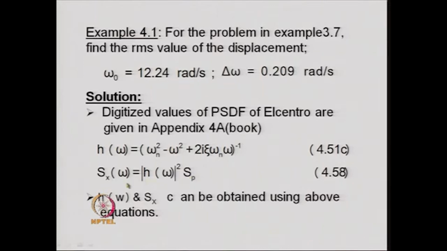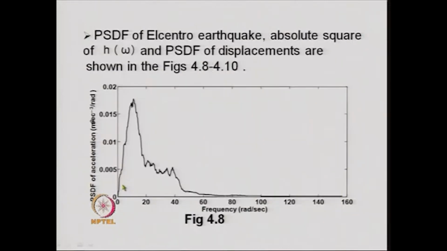Multiplying them together, we get the power spectral density function of the response. Here in this figure, the power spectral density function of the El Centro ground motion taken from the appendix is plotted.